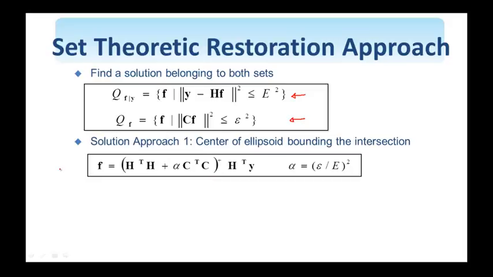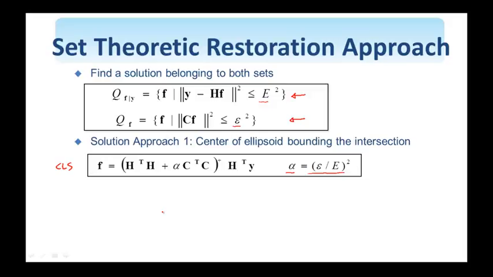So this is the expression for the constrained least squares filter that we derived earlier. The difference being that now the regularization parameter alpha is given to us because we assume that we know these two bounds, E and epsilon.